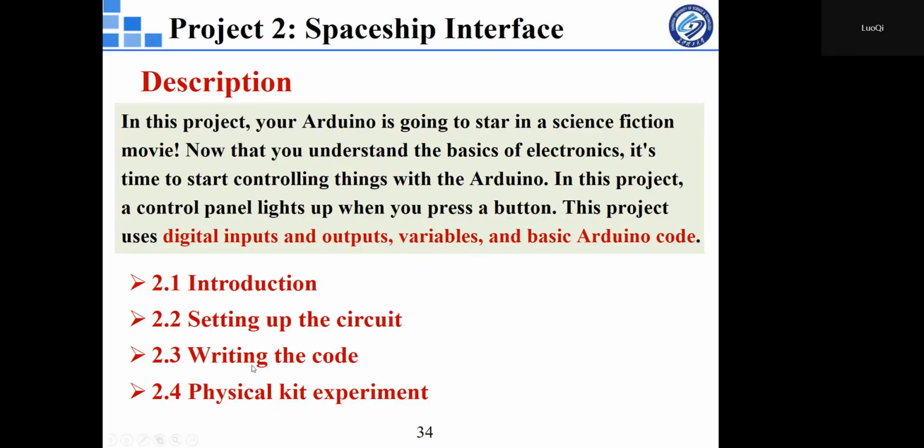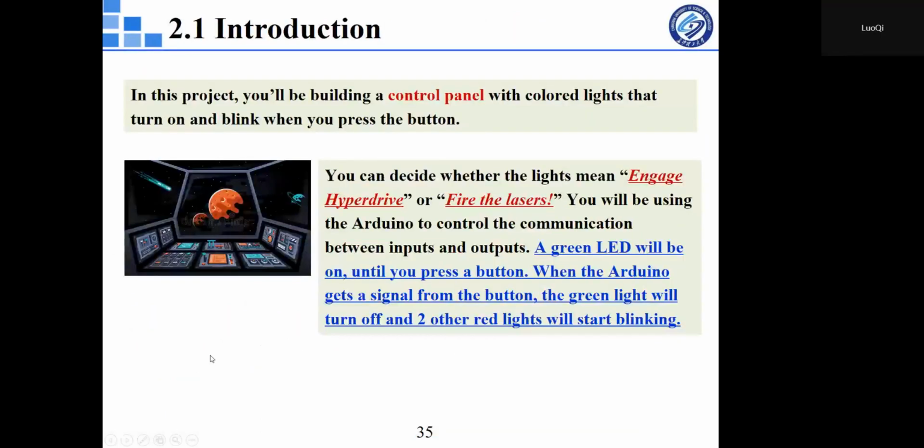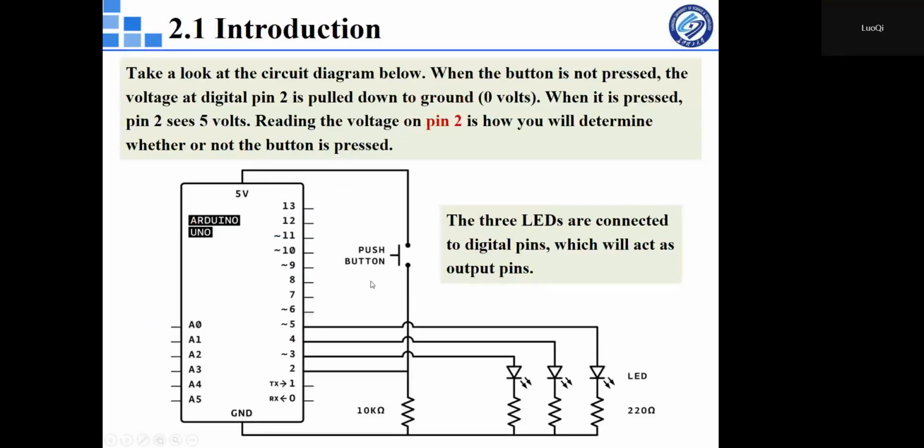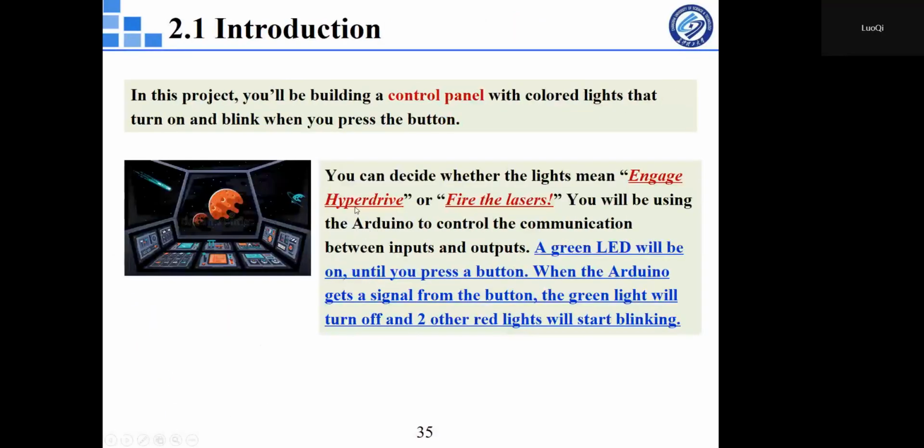We will learn about Project 2, Spaceship Interface, from four aspects: introduction, setting up the circuit, writing the code, and the physical quiz experiment. In this project, you will be building a control panel with colored lights that turn on and blink when you press the button.